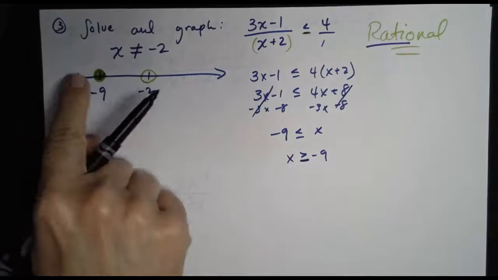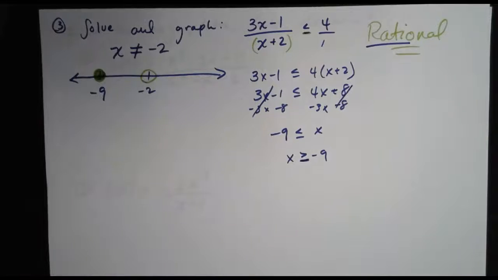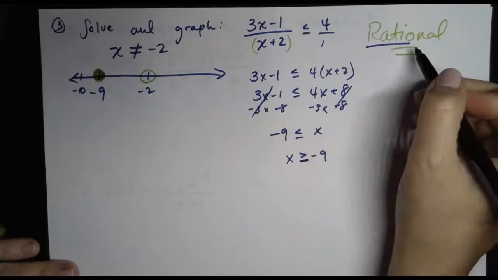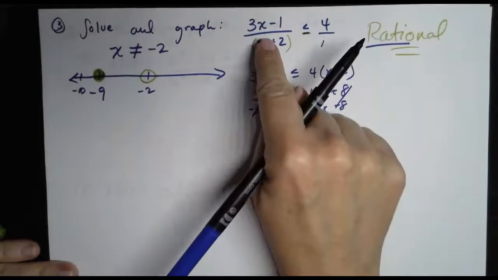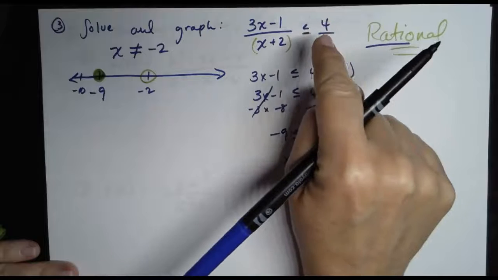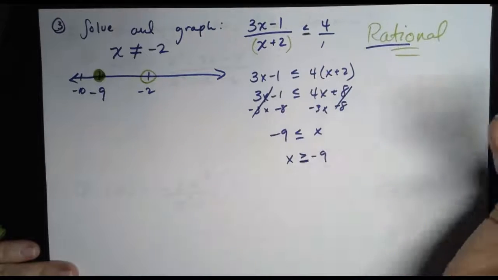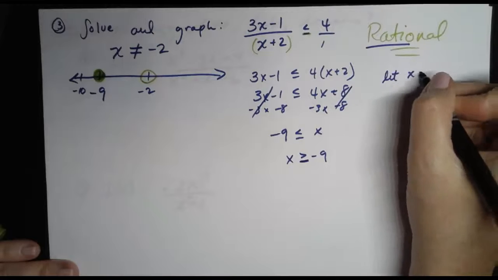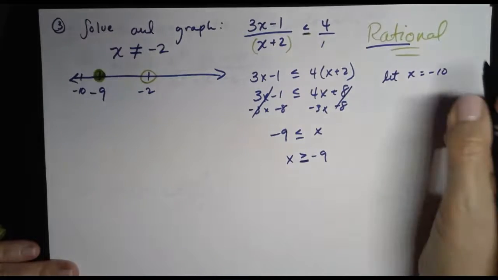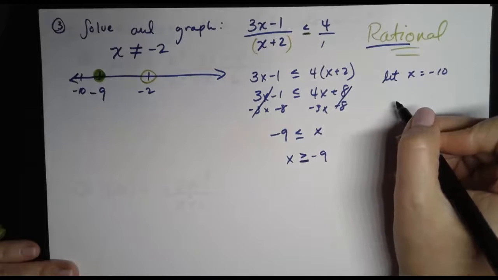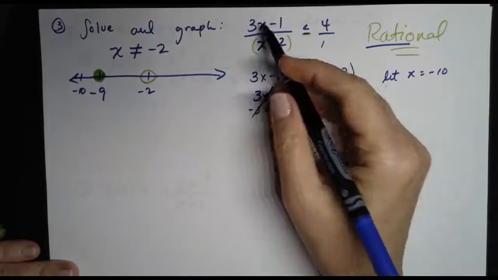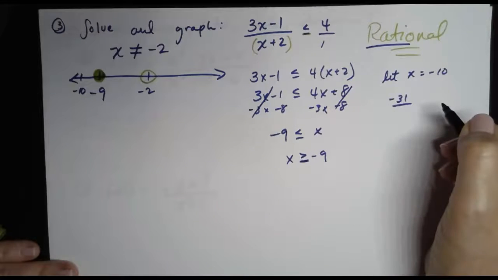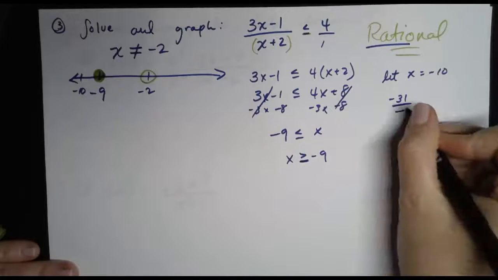So this is giving us 1, 2, 3 intervals to test here. So let's test -10 and let's see what happens. Whenever we have a rational inequality, we make sure to go back to the very beginning of the problem when we do our test values. So let x be -10. So 3 times -10 is -30. -30 minus 1 is -31. -10 plus 2 is -8.